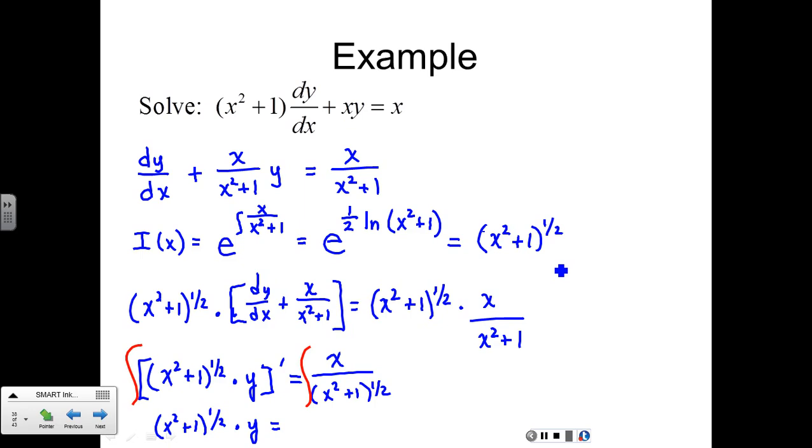Or you could actually do this. So your antiderivative ends up being u to the 1/2, which is x squared plus 1 to the 1/2 power, plus c.